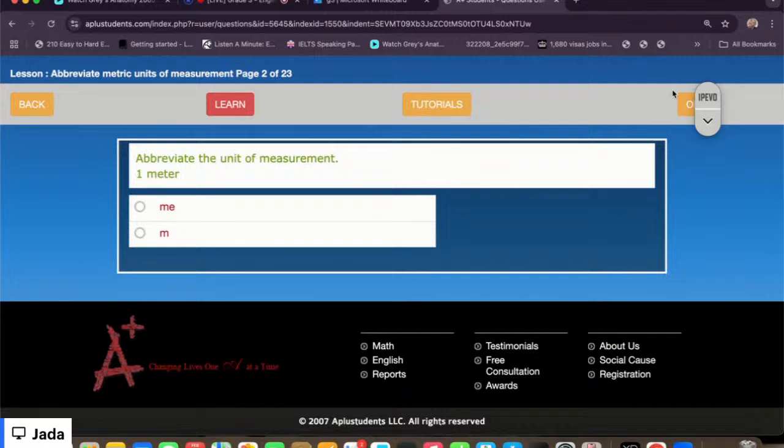All right, so we have 1 meter. What is the 1 meter? So that's M, right?